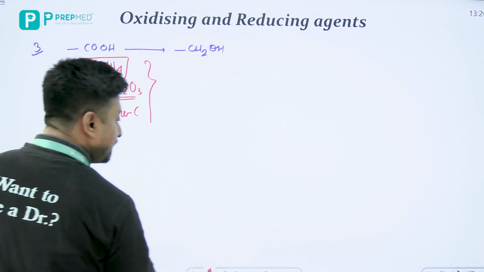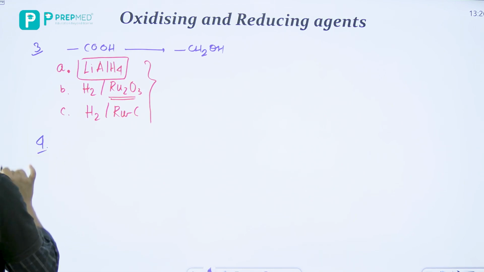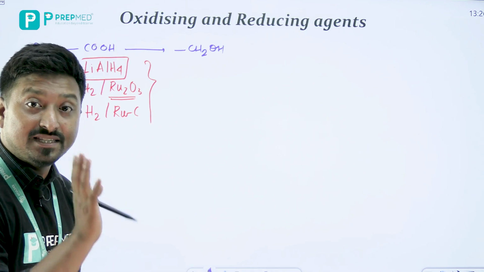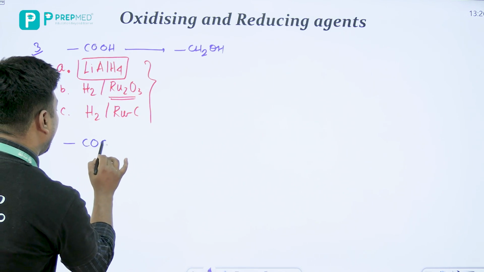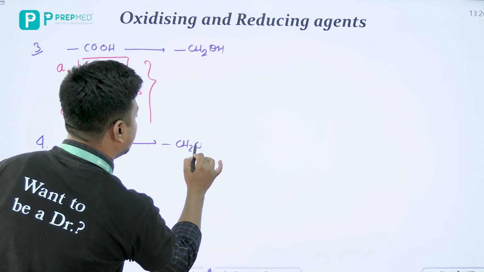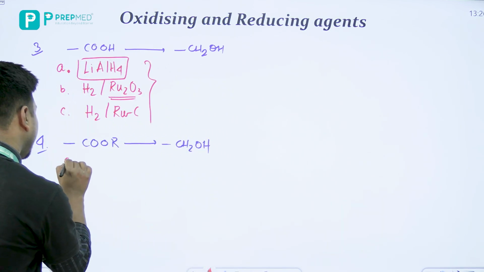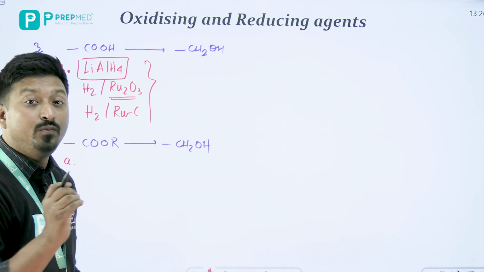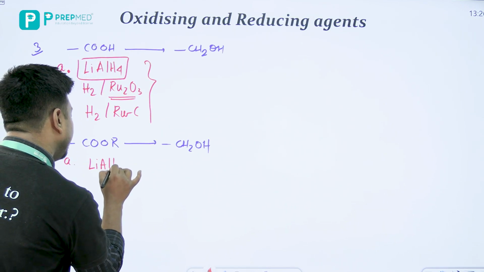Now next part, number 4. In number 4, we will convert an ester molecule to the alcohol, that is COOR2 will convert into CH2OH. And the reagents which we will use here, number 1, lithium aluminum hydride. Remember, lithium aluminum hydride.